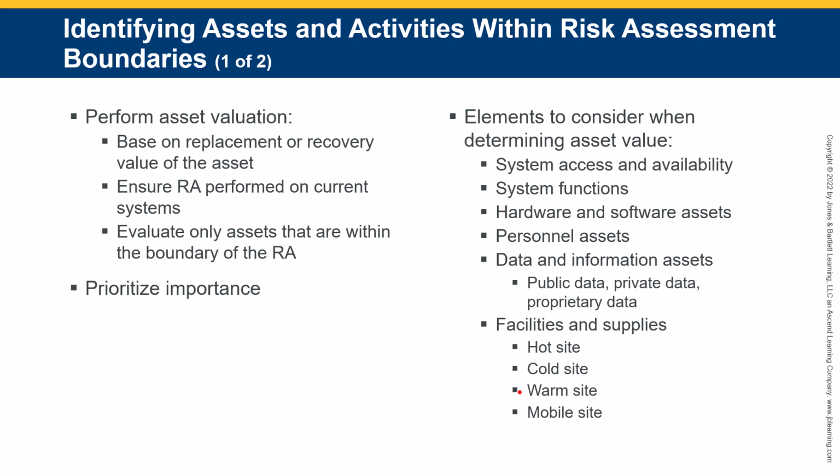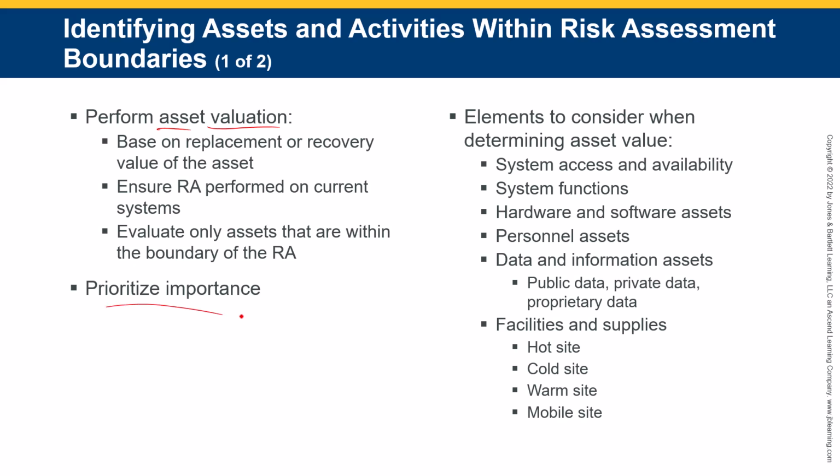So when we're looking at our assets, we can also look at boundaries. So when we're looking at our asset, we need to do an evaluation. Replacement costs. We need to see what our risk assessment allows us to identify on the current system and how that allows us to figure out appropriate cost.